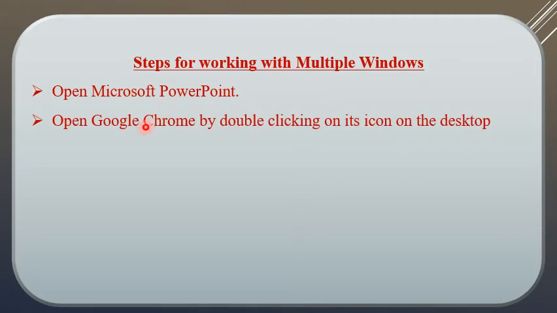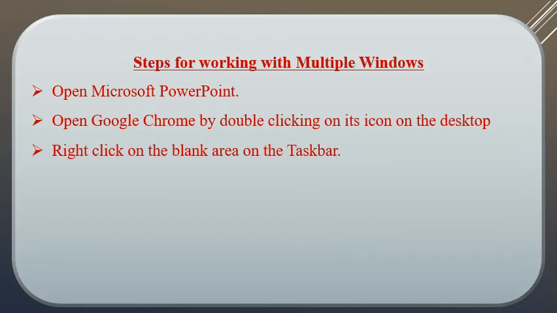Next, open Google Chrome by double-clicking on its icon on the desktop. Next, we need to open the second application, that is Google Chrome here. And the third step is to right click on the blank area on the taskbar. You have to right click on any spot of the blank area of the taskbar.